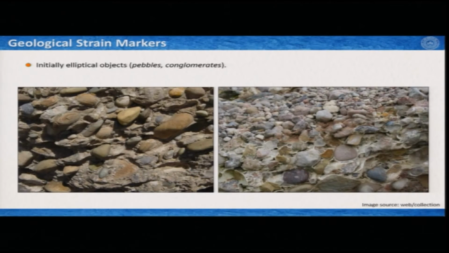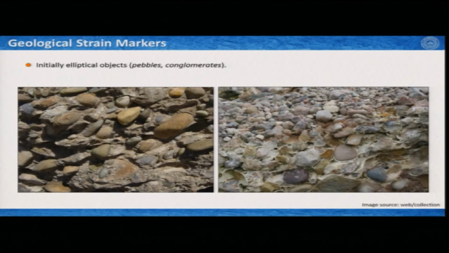Now, consider some elliptical objects. They are not perfect ellipses or ellipsoids, but statistically you can consider them to be of similar shape and geometry. For example, pebbles in conglomerates, as you can see in these two photographs.